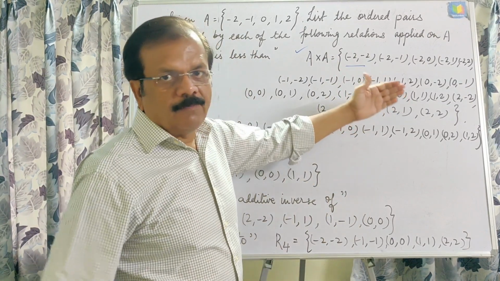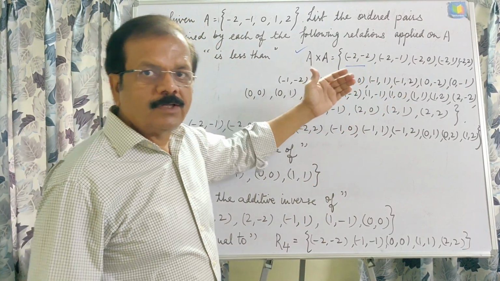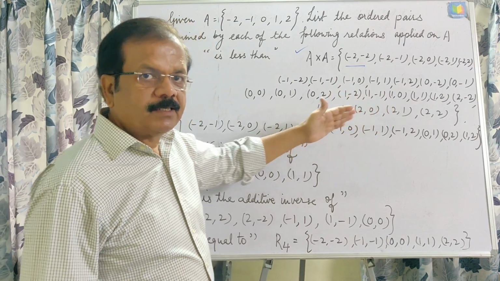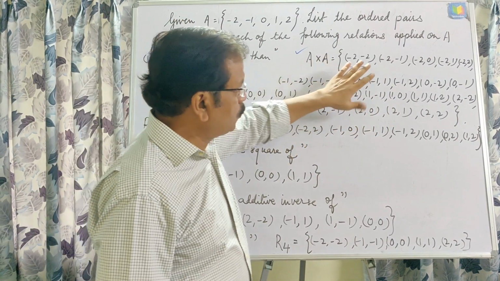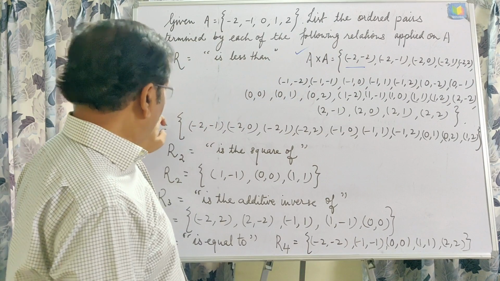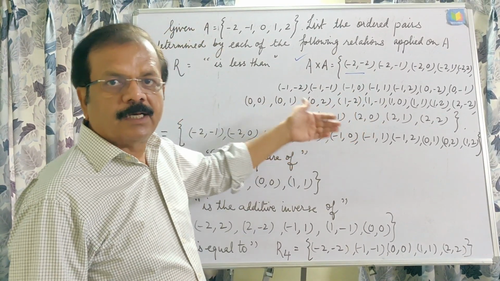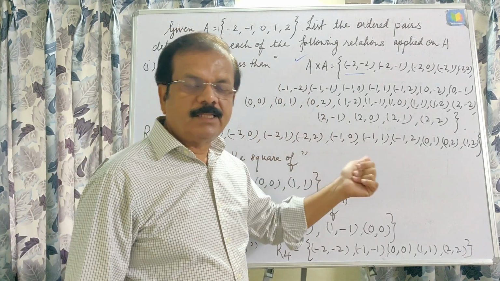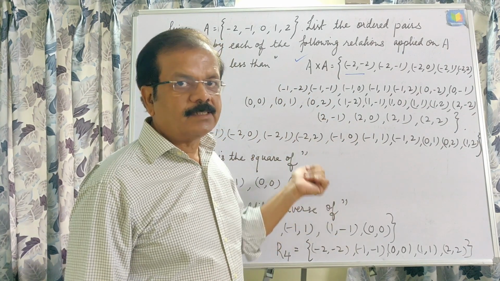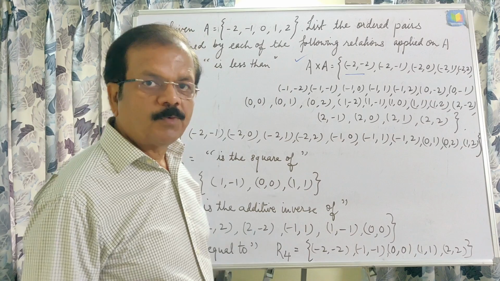You are free whether you want to write it or not, it doesn't matter, but I am just showing you that you can get all these four relations from this Cartesian product, and this way it is determined that relations are subsets of the Cartesian product also.